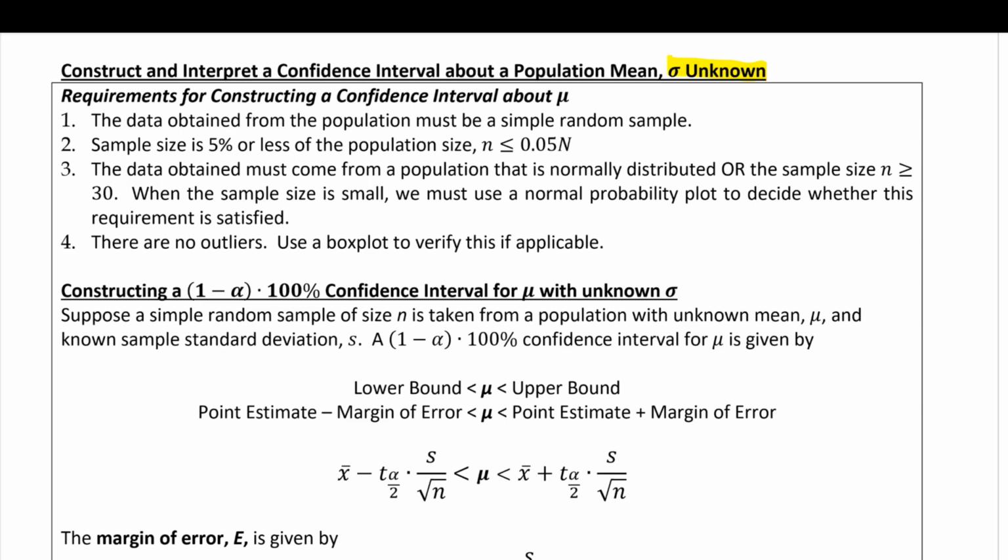Now the data either has to come from a population that's normally distributed, or if you don't know that, your sample size has to be greater than 30. Now in all the problems that we're going to do, even if it doesn't mention that it's normally distributed and I don't have a sample size of greater than 30, just assume that it is normally distributed. Otherwise, we won't be able to continue pretty much the way that we want to.